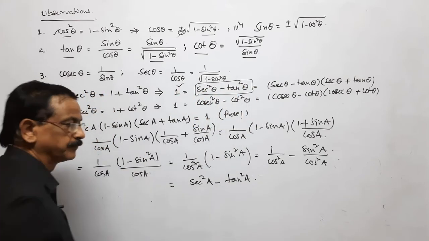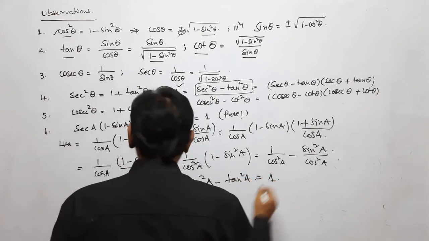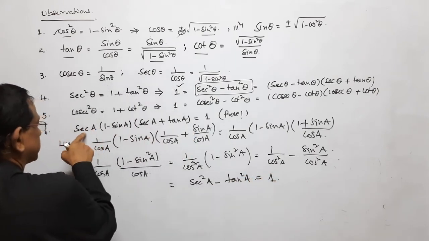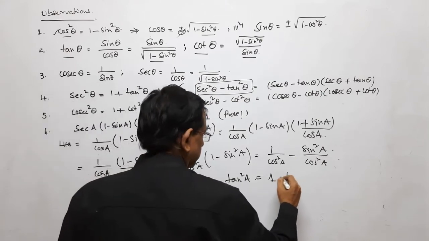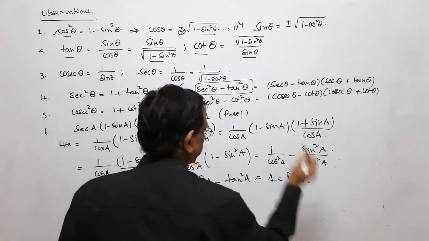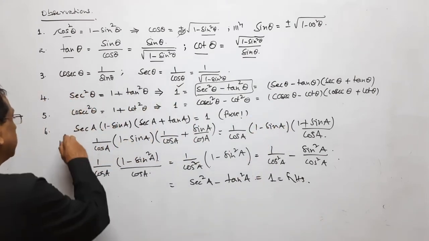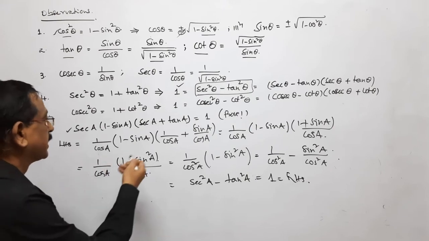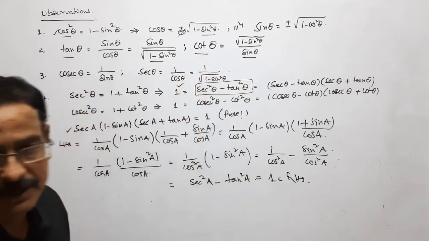It is 1. So secant square A minus tan square A is 1. So I have started with LHS, secant A into 1 minus sin A into secant A plus tan A, which is 1, which is equal to RHS. So these are all identities. I can say that secant A into 1 minus sin A into secant A plus tan A equal to 1 is an identity obtained from the previous identities.